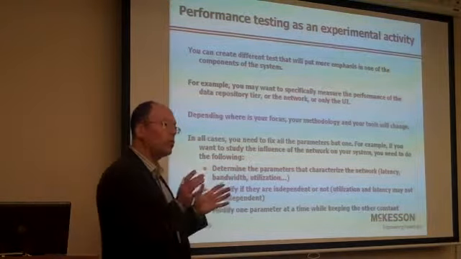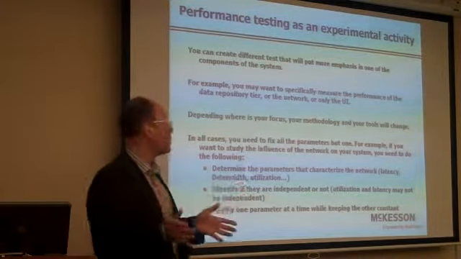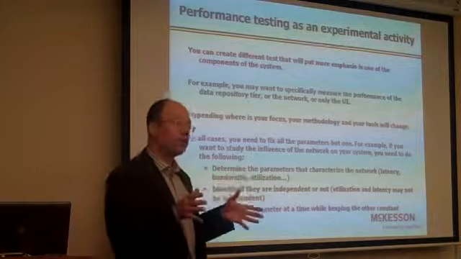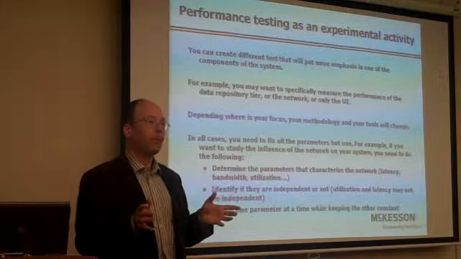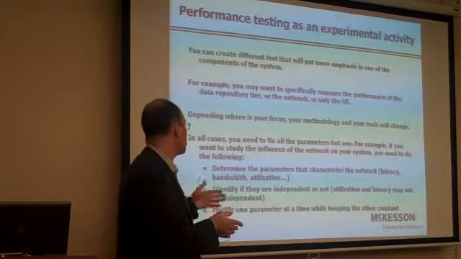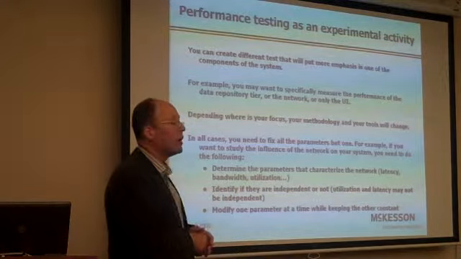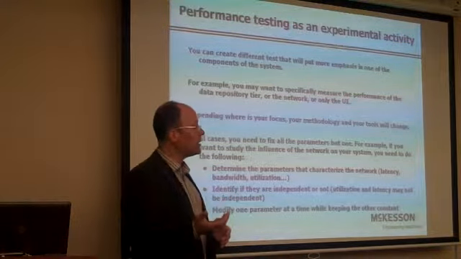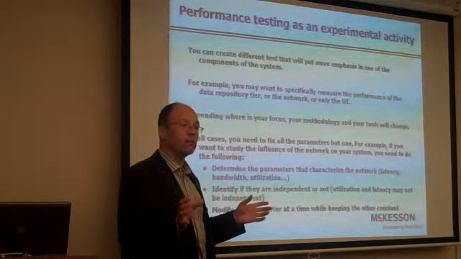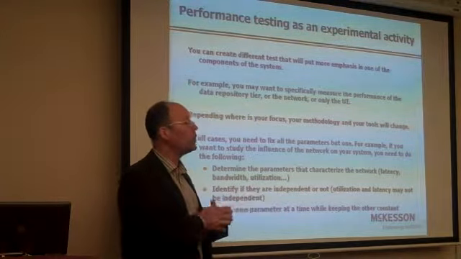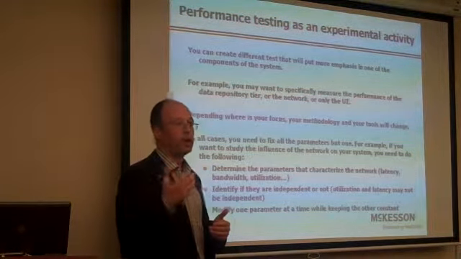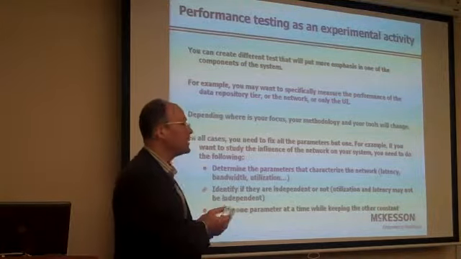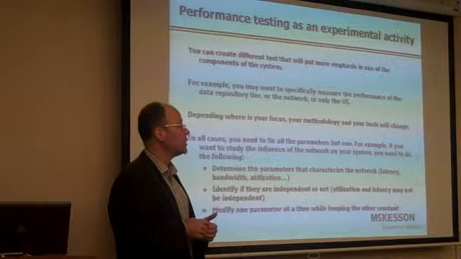Try to analyze which parameters you have. Try to see if these parameters are dependent or independent. For example, in the case of the network, the utilization and latency are independent up to a certain level. When the utilization starts to be very high, the latency starts to be affected by the utilization.